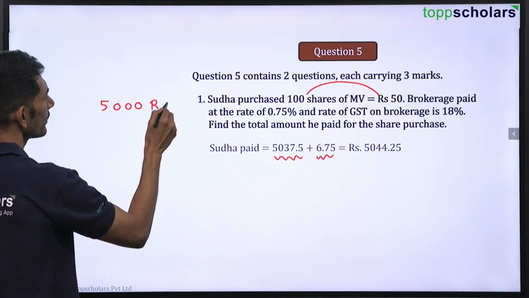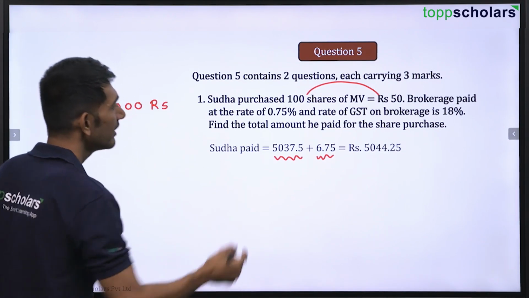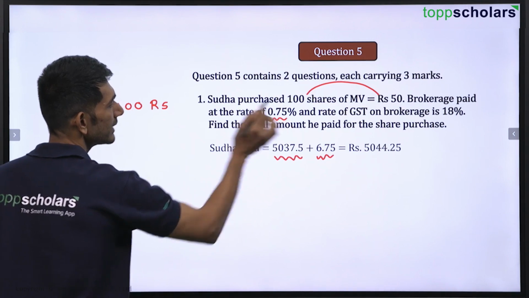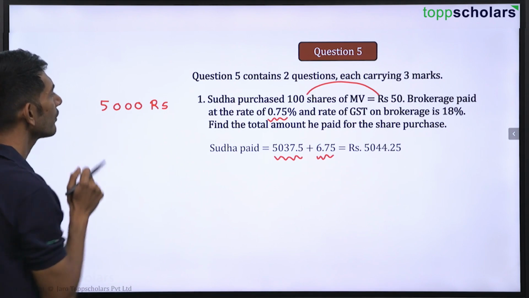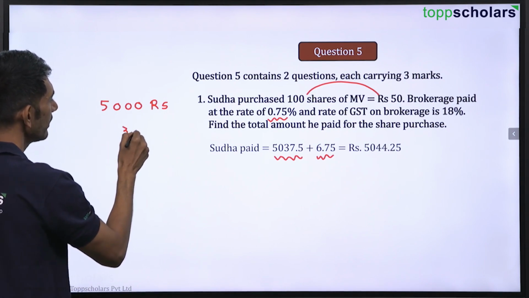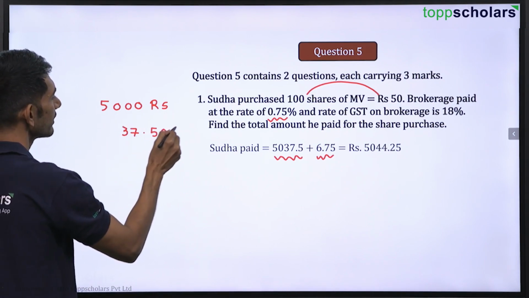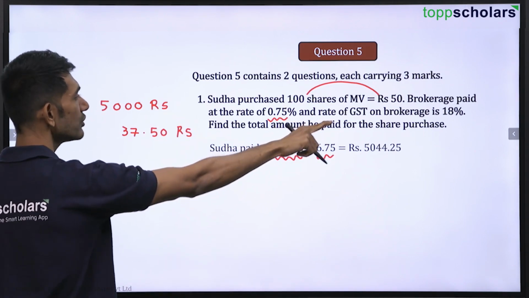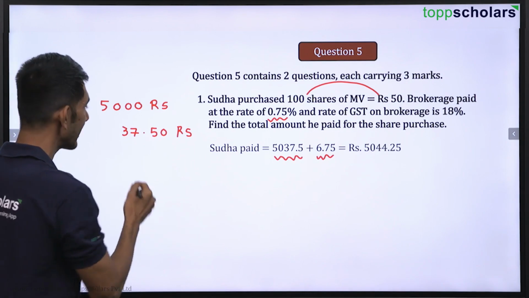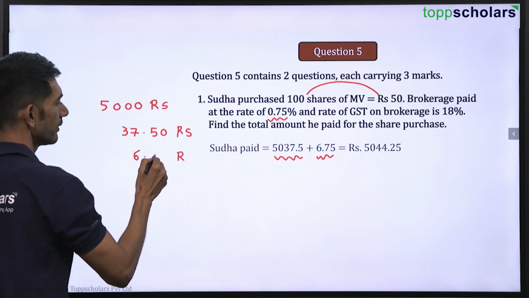In simple language, firstly we found out the actual price of the shares, that is 5,000 rupees. We got 5,000 rupees, right? After that, we calculated the brokerage, 0.75 of 5,000, and we got 37.5 rupees, that is 37 rupees 50 paise. Then we calculated 18% GST on the brokerage, and that is what we got, 6.75.